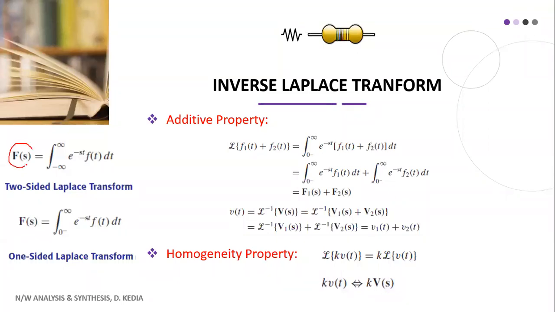This F(s) will become small f(t). The roles will be reversed, you can say. Then this f(t) will become capital F(s). Your limits will be from minus infinity to infinity. dt will become your ds, and this minus s will become your plus s. So this is how your inverse Laplace transform looks.